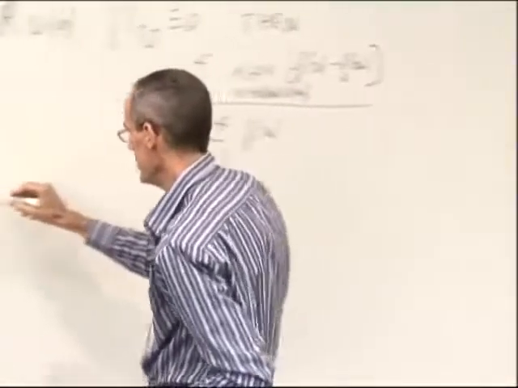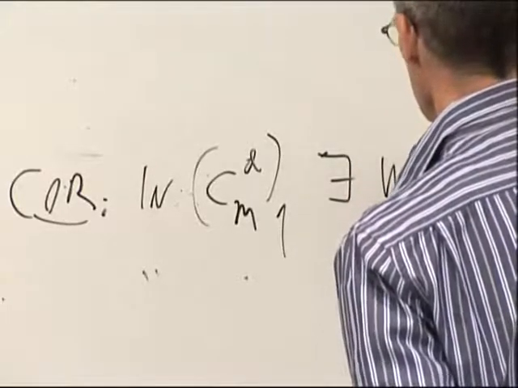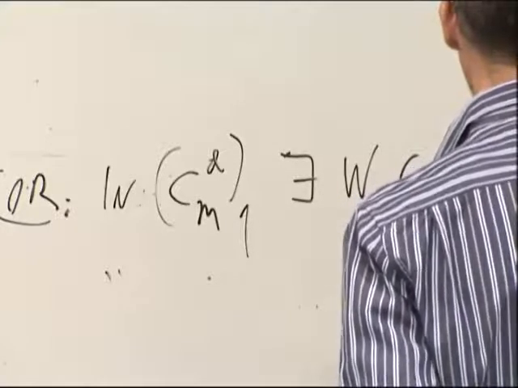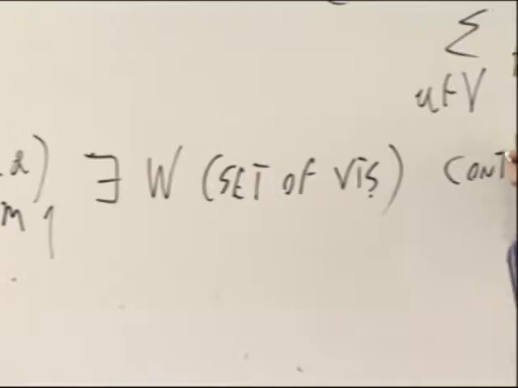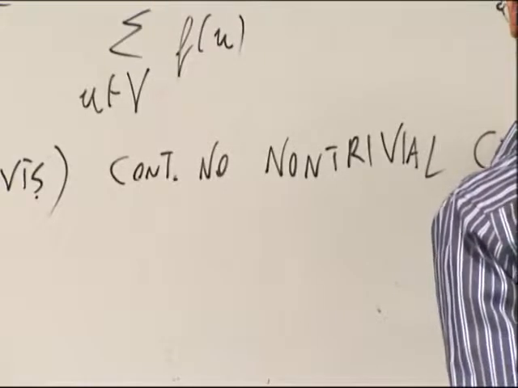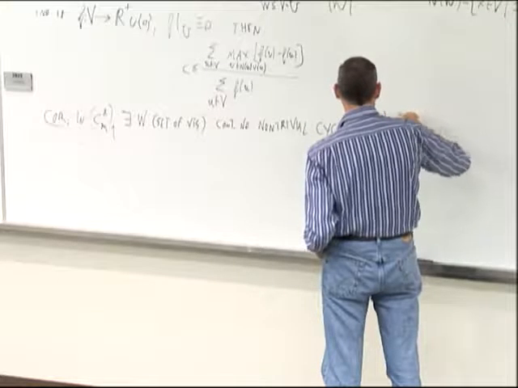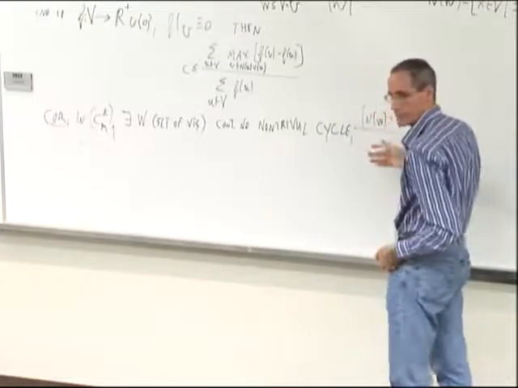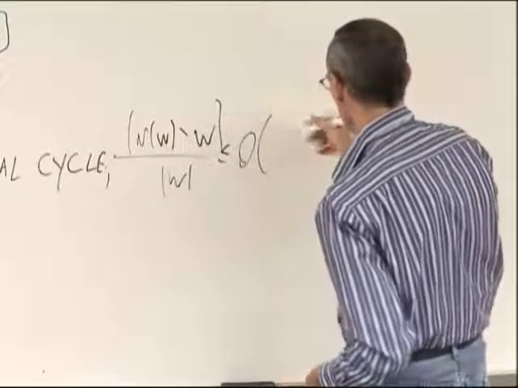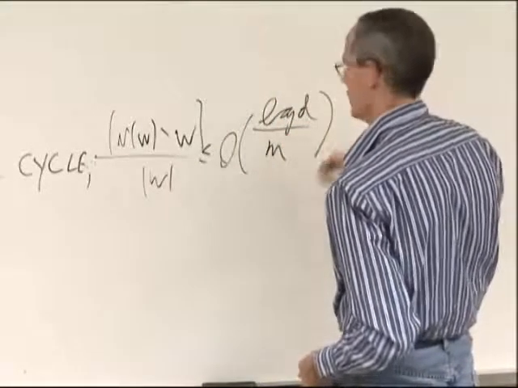So the claim is that in C_m^d there is a set W of vertices, containing no non-trivial cycle, and the boundary of W, the set of vertices outside W that have neighbors in W, divided by the size of W, is small, at most maybe 2 or 3 times log d over m.